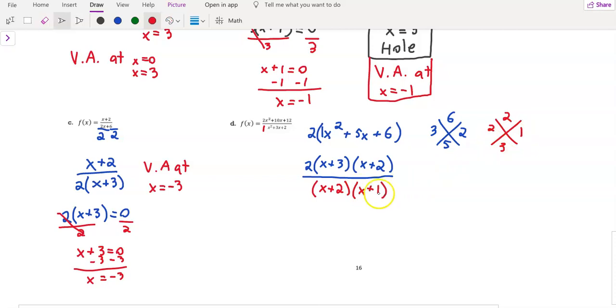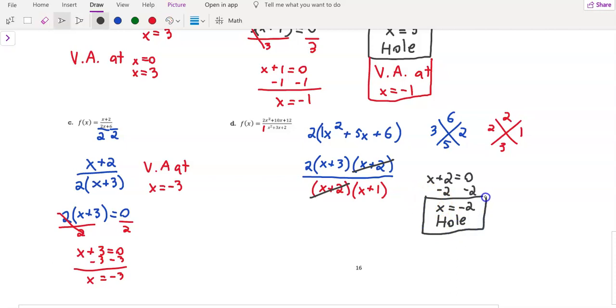Look for any holes. Remember, holes are if I can cancel anything out. So see how this x plus 2 cancels out this x plus 2? So let's set that x plus 2 equal to 0. Subtract 2 from both sides. I get x is equal to -2. And this is a hole in my graph.